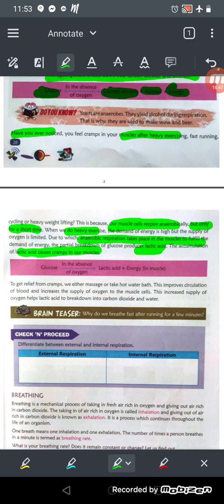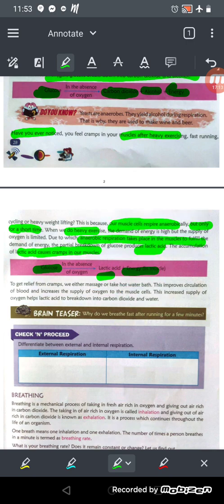For that, our muscles respire anaerobically for a very short period of time, and the partial breakdown of glucose in the muscles produces lactic acid. The accumulation of lactic acid in the muscles causes cramps. So see here, glucose in the absence of oxygen produces lactic acid and energy in our body.